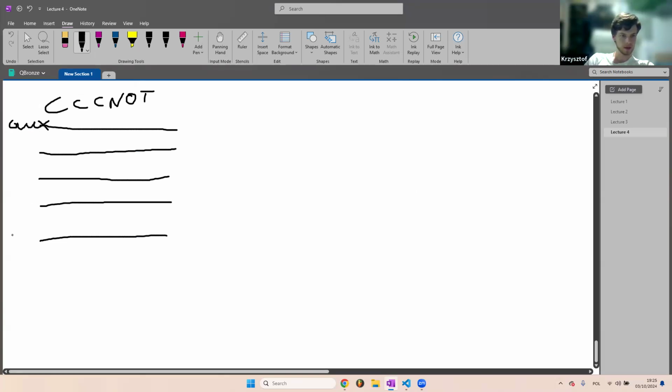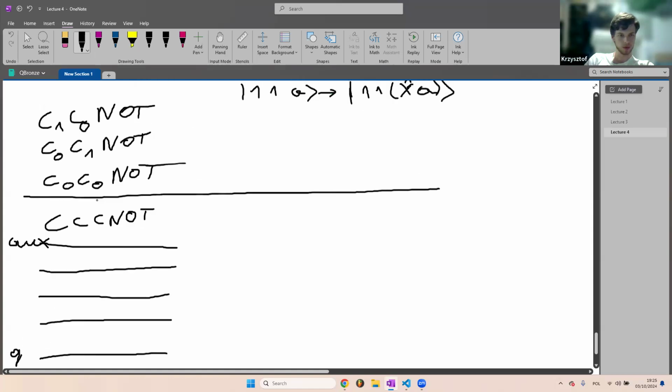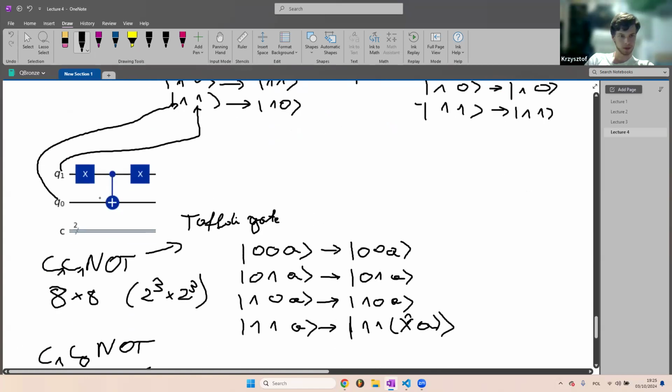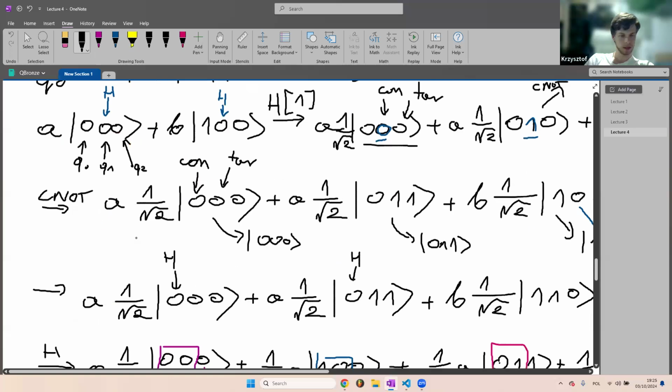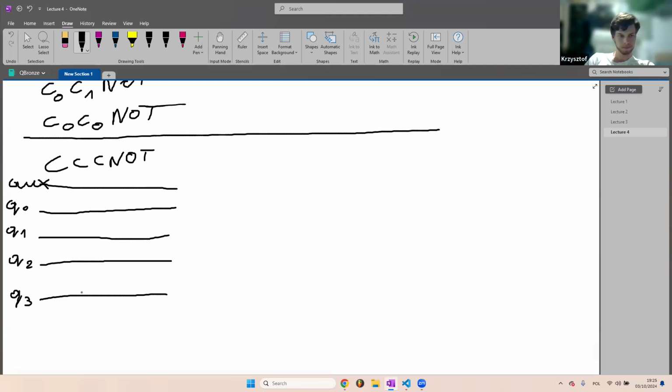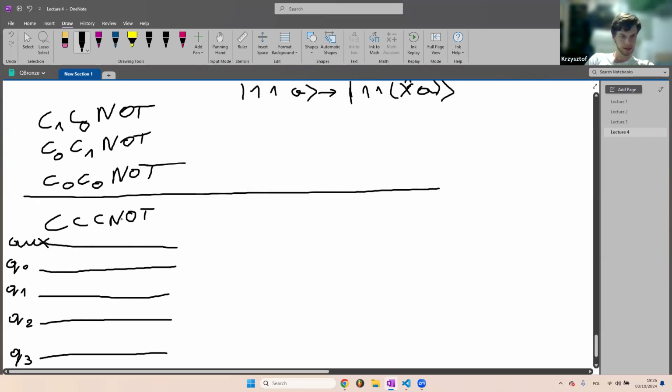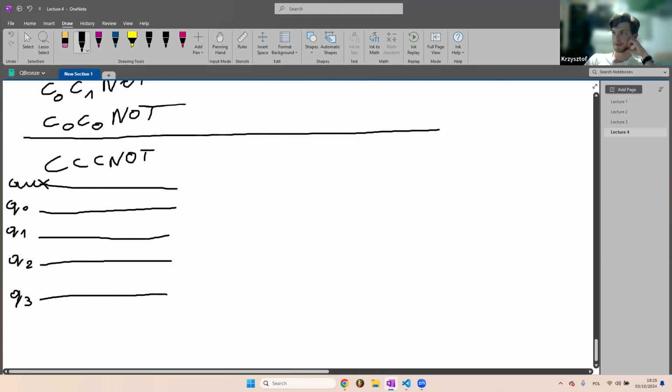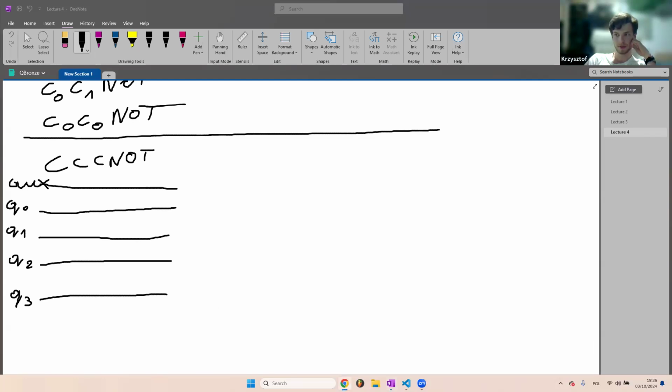Let's say Q0, Q1, Q2, and Q3. We will map the state of those two.